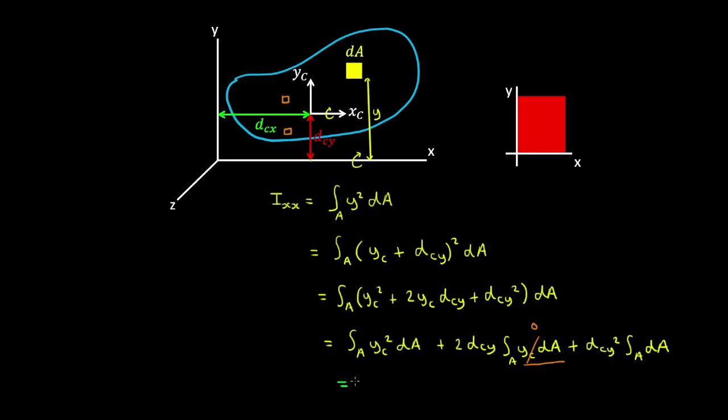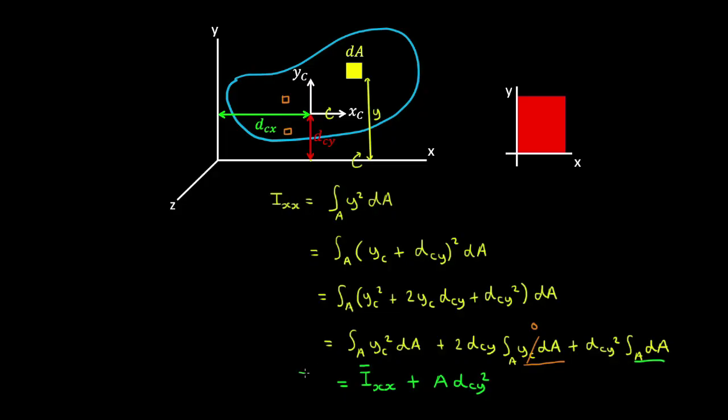And therefore we're left with this integral, which is the second moment of area about the centroid, plus the area of the section multiplied by the squared distance between the centroidal axis and the axis that we're taking a moment of inertia about.